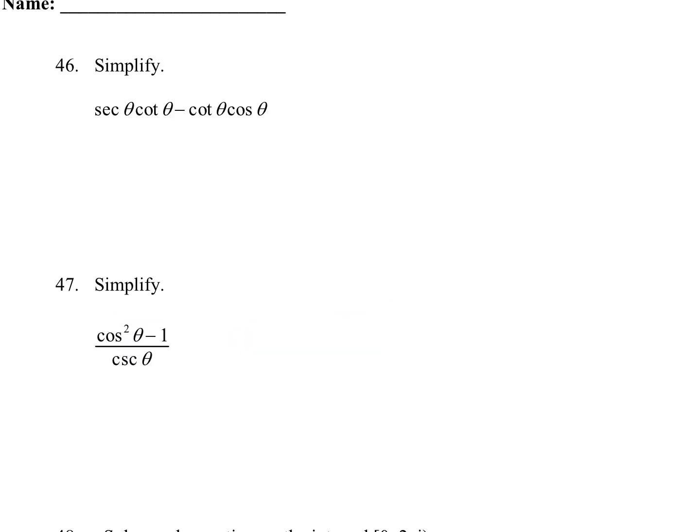Our next question is number 88 from our review. We have the secant theta times cotangent theta minus cotangent theta times cosine theta. Your secant is 1 over cosine, and your cotangent is cosine over sine. Again, your cotangent is cosine over sine, and your cosine is just cosine over 1.